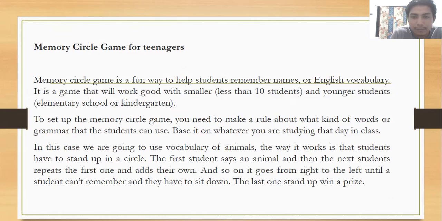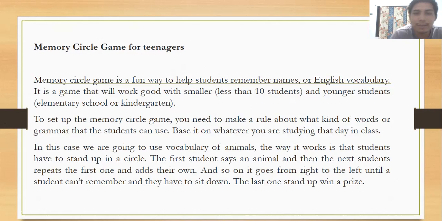First, the students have to stand up in a circle. The first student says an animal like lion, and then the next student has to repeat the first animal that the partner already said, that in this case is going to be a lion, and he is going to say, for example, crocodile.